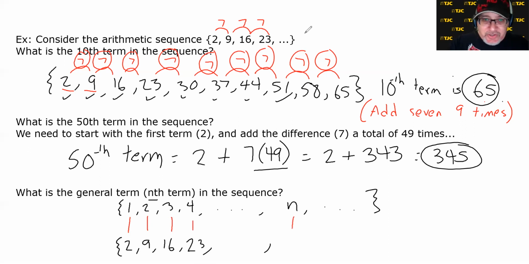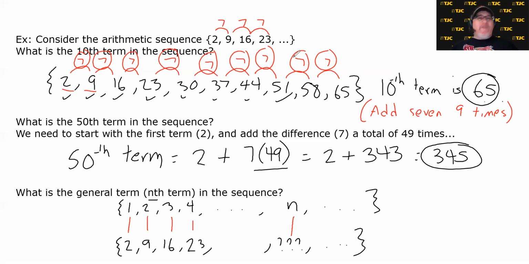But the question is, what would happen in general? In other words, the question we're trying to answer is, what do we do to the numbers 1, 2, 3, 4 to get the numbers 2, 9, 16, 23? Because if we can answer that, then we can determine any element in any position based on its position number.